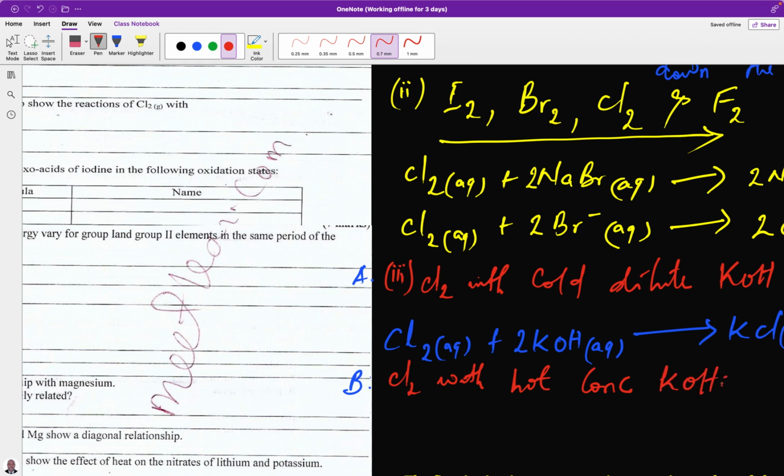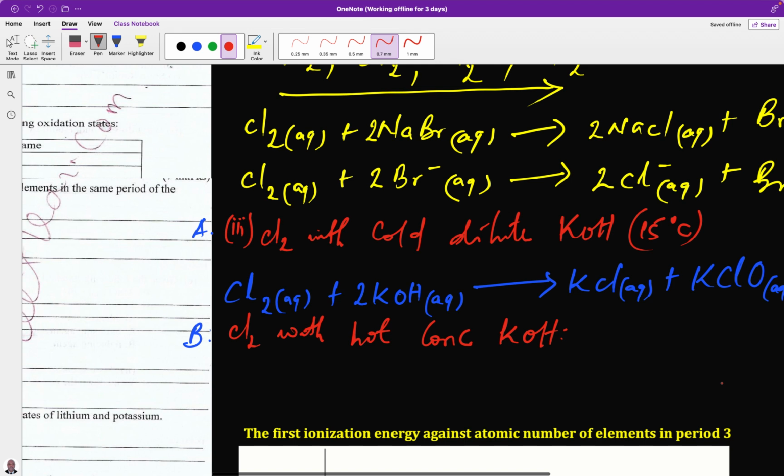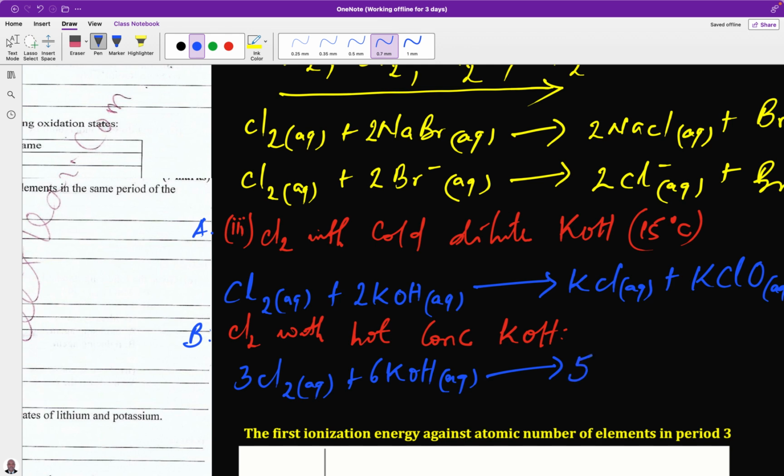With hot concentrated potassium hydroxide, there is a change in the reaction. We will have plus 6, to give, will be 5.